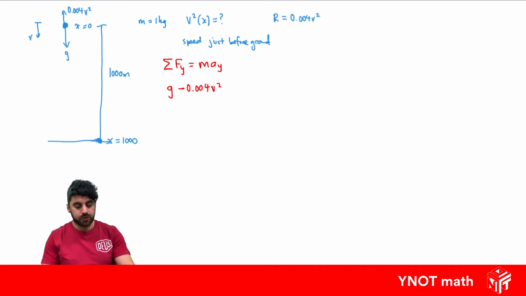They're the only two forces in the y direction that we need to add up, equals mass times acceleration. Mass is 1, and acceleration we'll just write as a. Might just flip this around: a equals g minus 0.004 v squared. And we're after an expression for v squared in terms of x. Since we have acceleration as a function of velocity, we want to rewrite our acceleration.